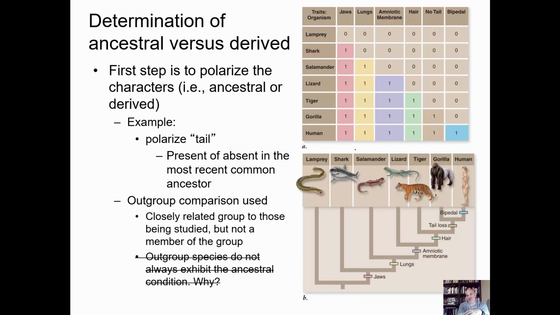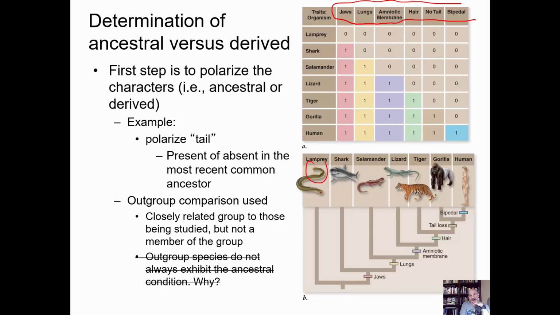For example, we might polarize tail and whether or not that's present or absent. Now, tail is not even on the list of characters there at the top, but tail is something that all vertebrates have. These are animals with backbones to begin with, so we could actually add tail here.